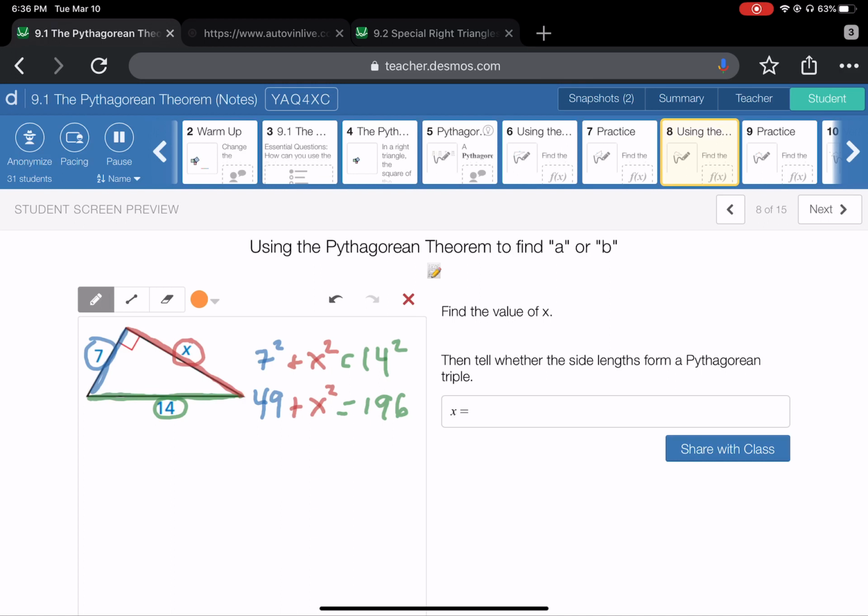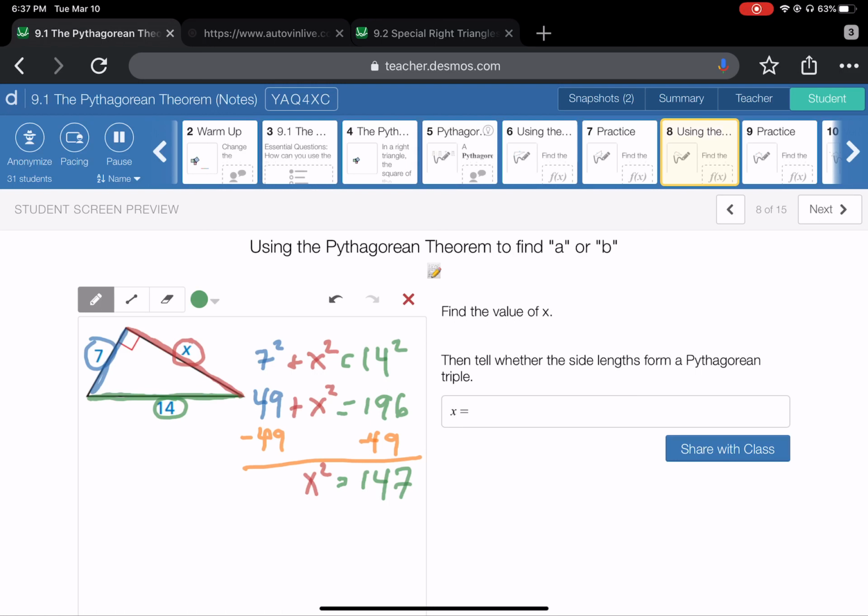So x has to be left alone, so we have to get rid of this 49. We do that by subtracting 49 from both sides of our equation. Then that's going to leave the x by itself with the exception of the exponent, and x squared will then be equal to 147.